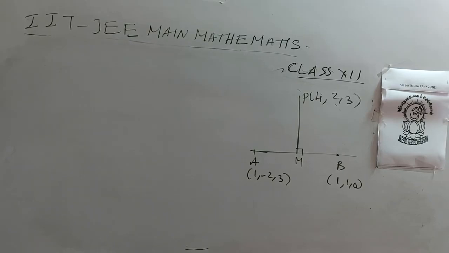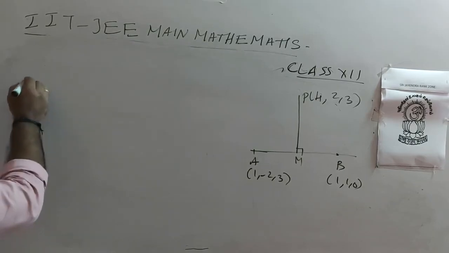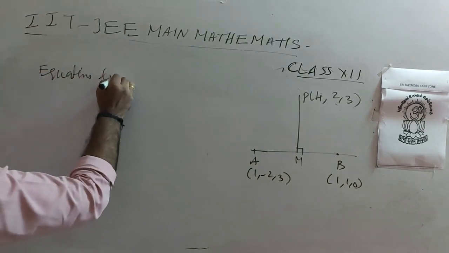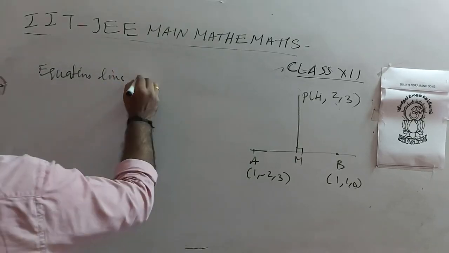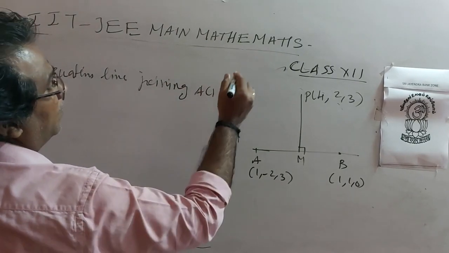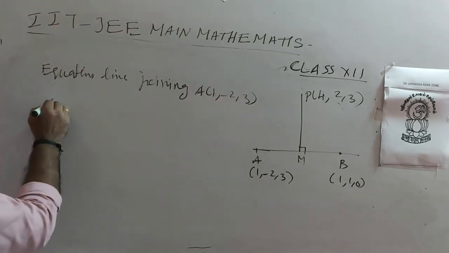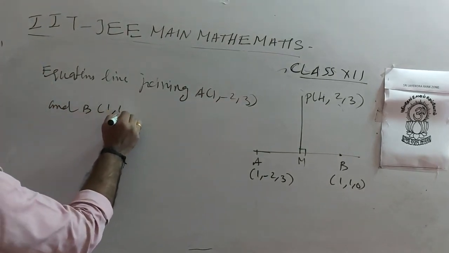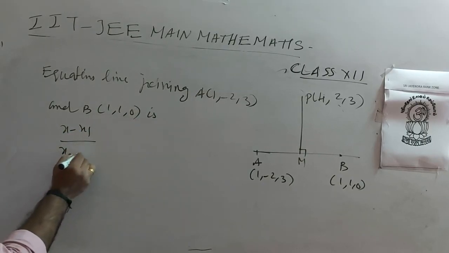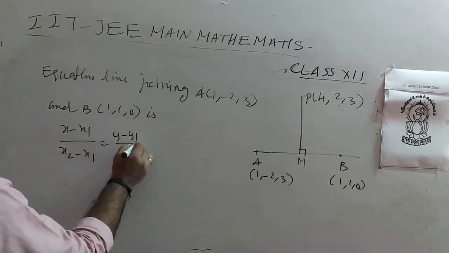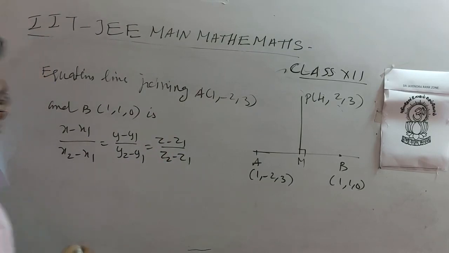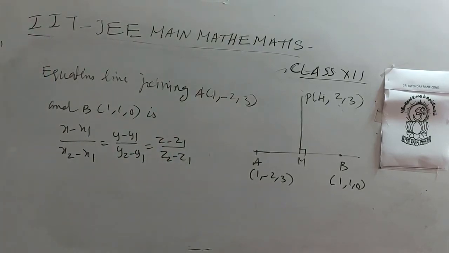So we have to find the foot of the perpendicular first of all. The equation of the line joining A (1, -2, 3) and B (1, 1, 0) is (x minus x1) by (x2 minus x1), (y minus y1) by (y2 minus y1), (z minus z1) by (z2 minus z1).